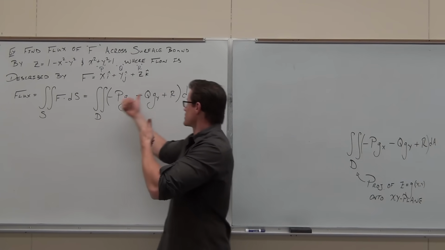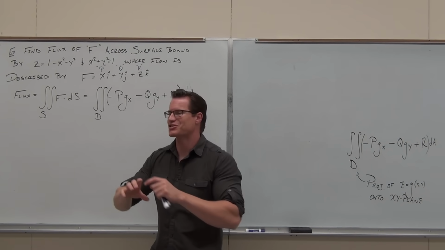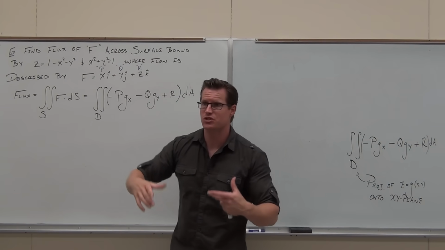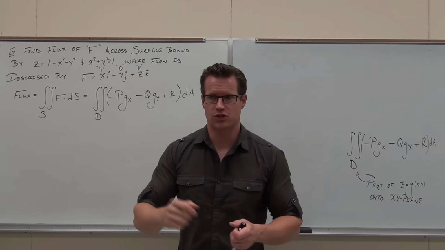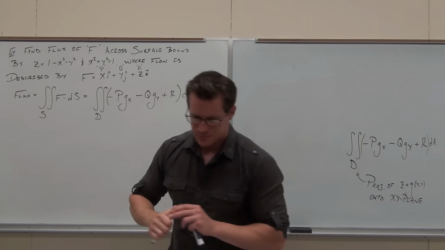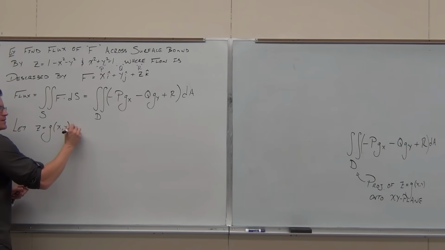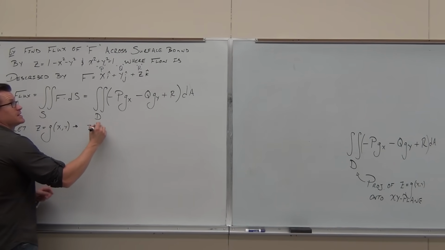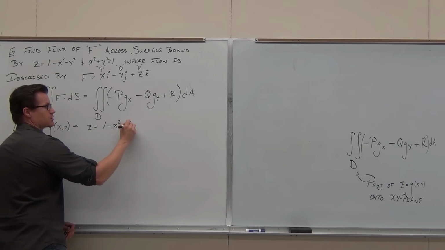We just have to use D because I don't want to mess up the R. So that is our region. We're going to do that later. Again, it's all about the setup first, then you look at the region. So let's just find the only function up there that has a z in it. That's the function. So let's let z be a function in terms of x and y. That means for us, z is this function, 1 minus x squared minus y squared.